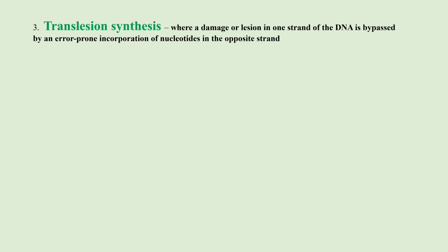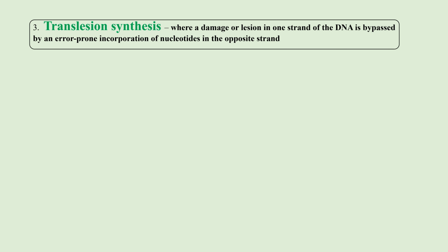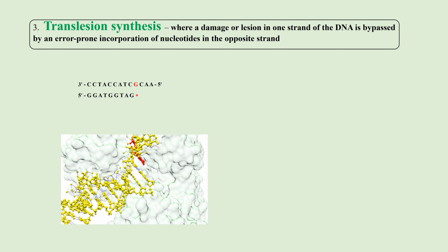In translesion synthesis, a damage or lesion in one strand of the DNA is bypassed by an error-prone incorporation of nucleotides in the opposite strand. Now, let us say there is an oxoguanine, shown in red, instead of a normal deoxyguanine in an original strand of the DNA.